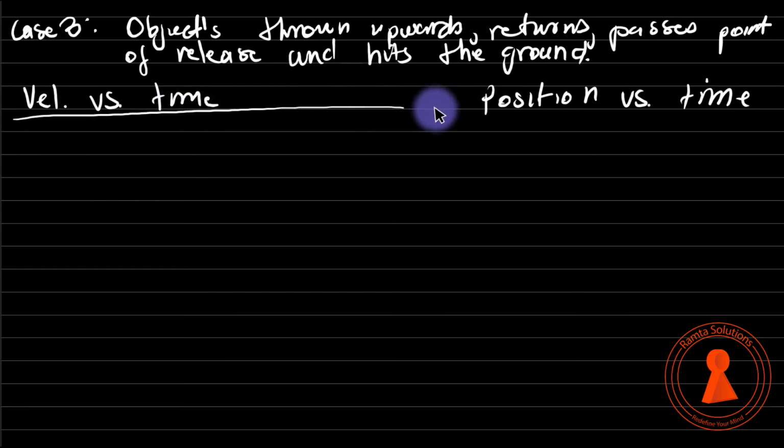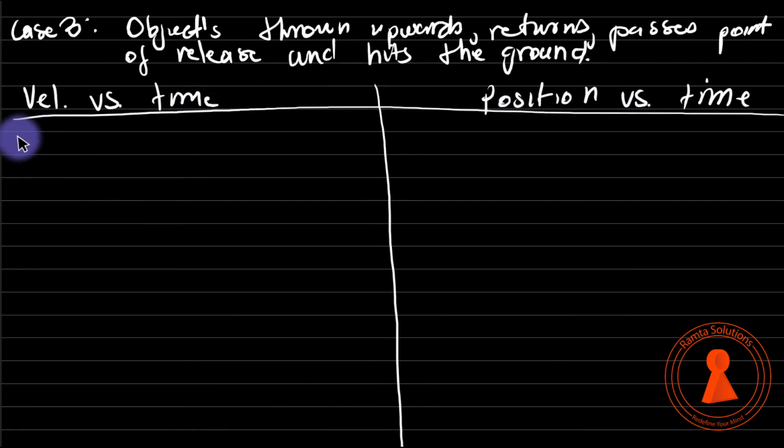Okay, so here we are. Now when upwards is chosen to be positive, it's not a nice straight line. Let me make it a nice straight line. Nice. Yeah, I think it's nice now.